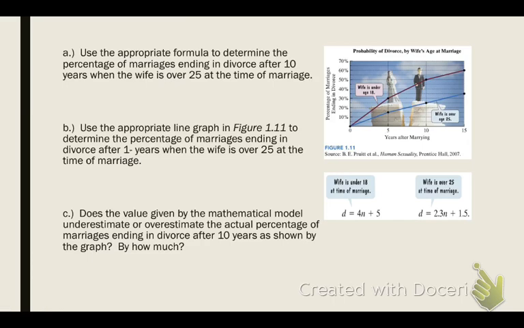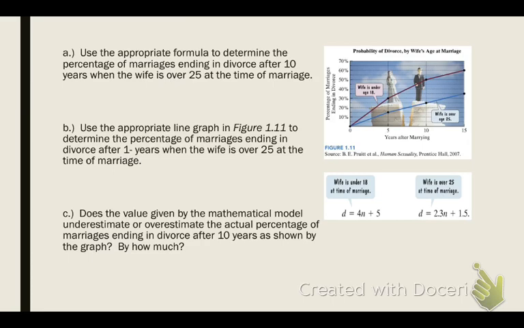It says use the appropriate formula to determine the percentage of marriages ending in divorce after 10 years when the wife is over 25 at the time of marriage. So whenever we go to our graph, which one are we going to use? Are we going to use the top one or the bottom one? Which graph are we actually going to look at?